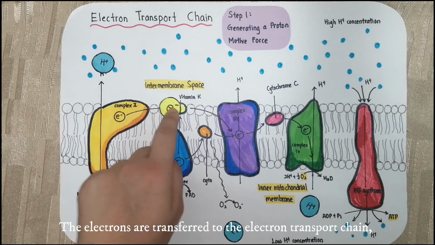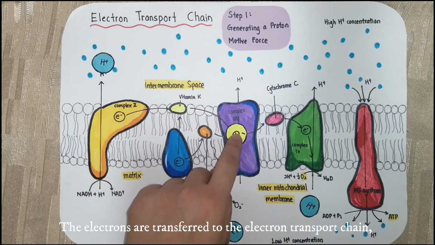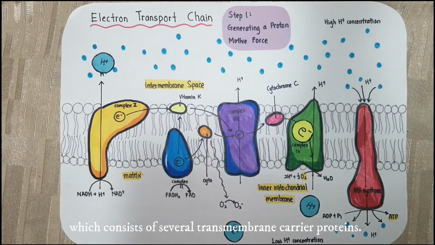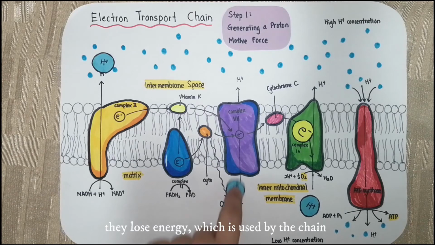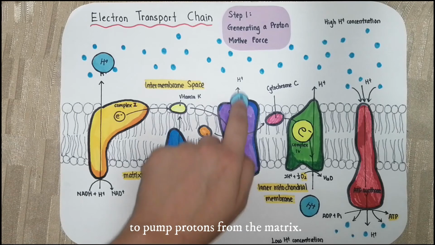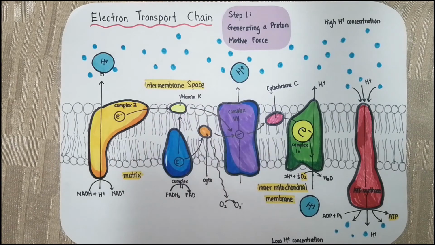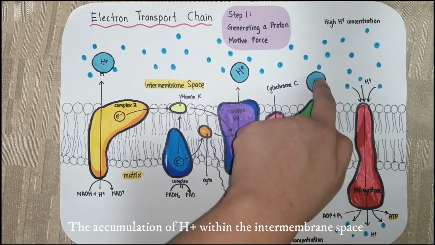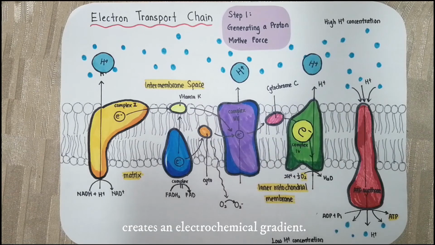The electrons are transferred to the electron transport chain, which consists of several transmembrane carrier proteins. As the electrons pass through the chain, they lose energy, which is used by the chain to pump protons from the matrix. The accumulation of protons within the intermembrane space creates an electrochemical gradient.